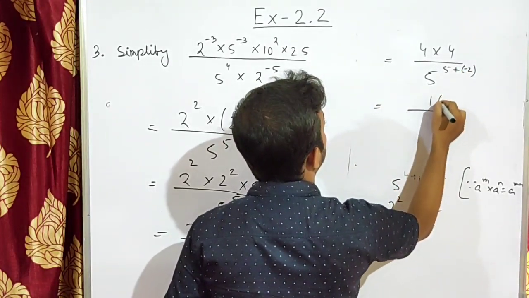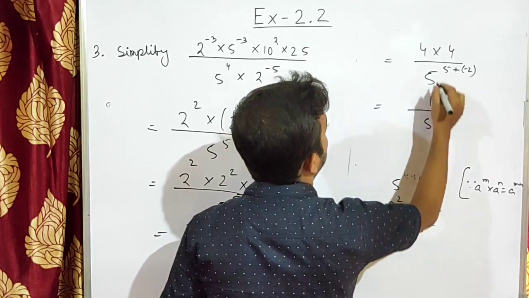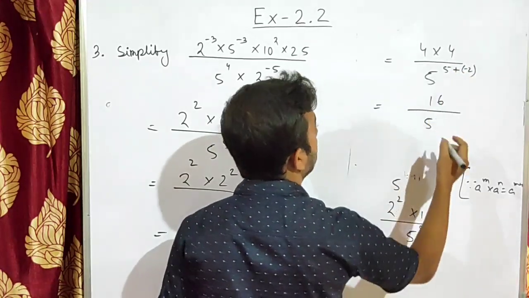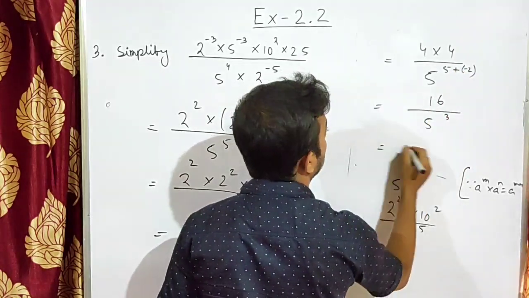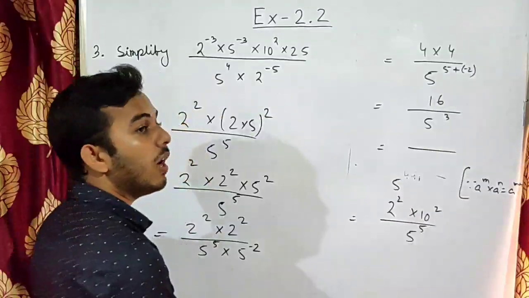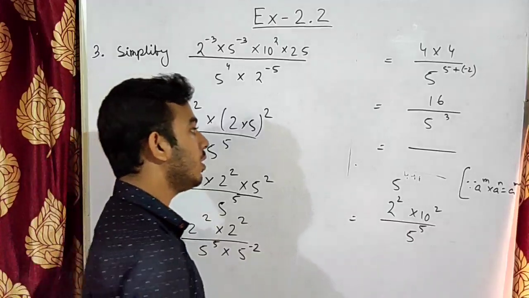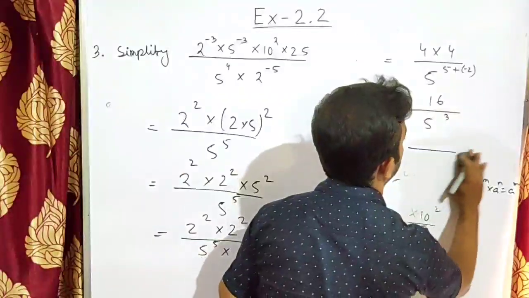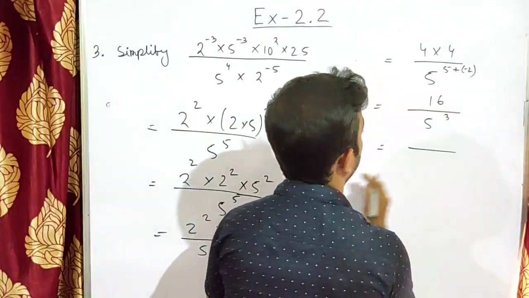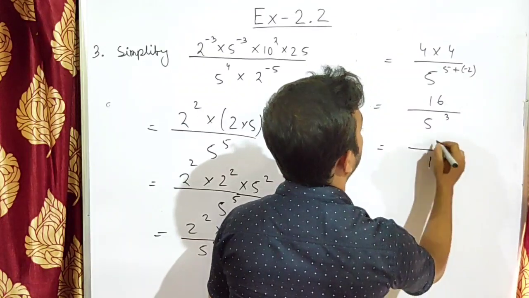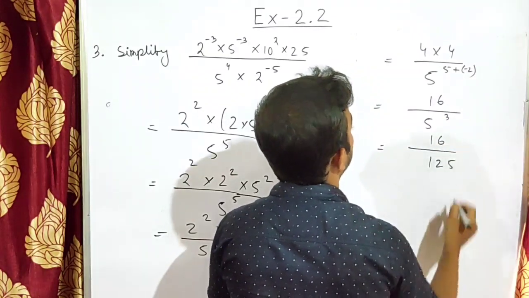So 4 into 4 is 16. Now 5 to the power 5 minus 2 is what? 3. Now 5 cube means what? 5 into 5 is 25, isn't it? 25 into 5 is how much? 125. Clear? 125 and it will be 16.